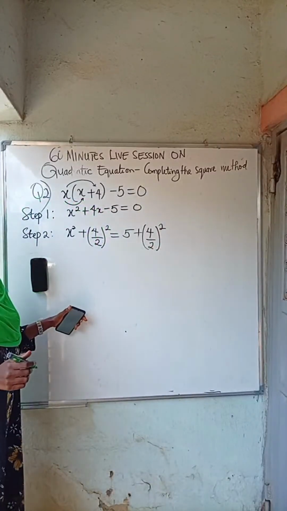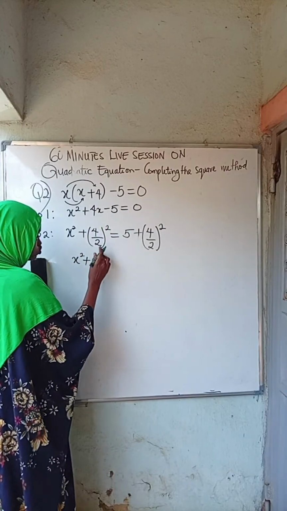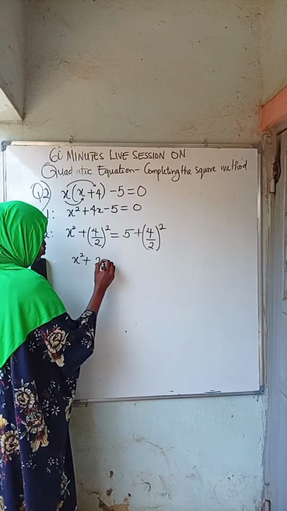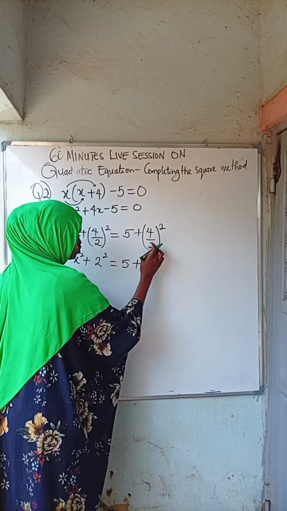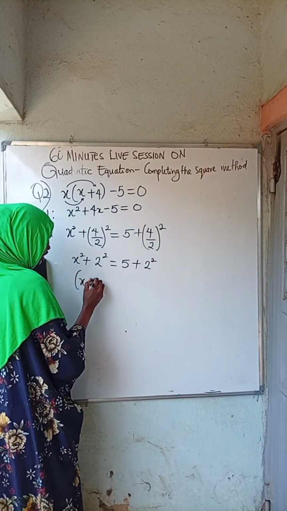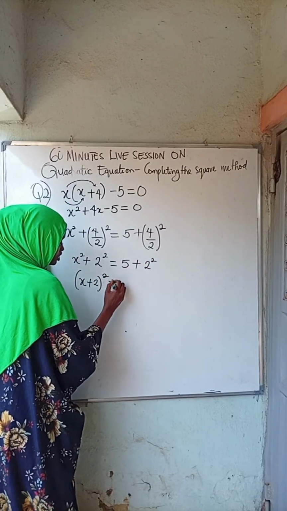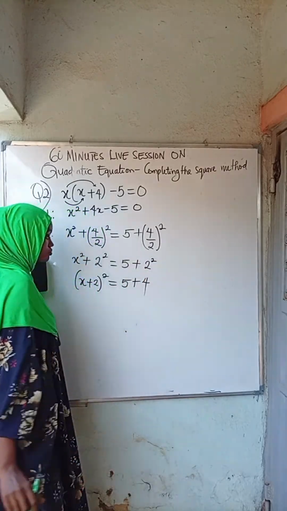So this becomes x squared plus 4x plus 2 squared, since 4 divided by 2 gives us 2, equal to 5 plus 2 squared. This is the same thing as saying x plus 2 whole square is equal to 5 plus 4, since 2 squared means 4.